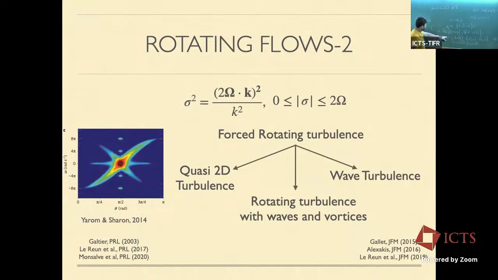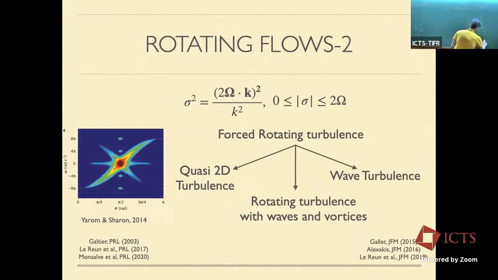Then you can substitute this relation back here, and that gives you 2 omega dot ik by minus i sigma, right? Then you get i square on both sides, which cancels, and u hat cancels, and then you get sigma square.